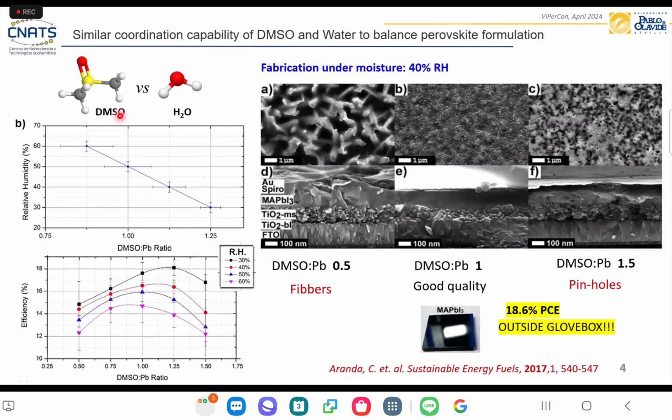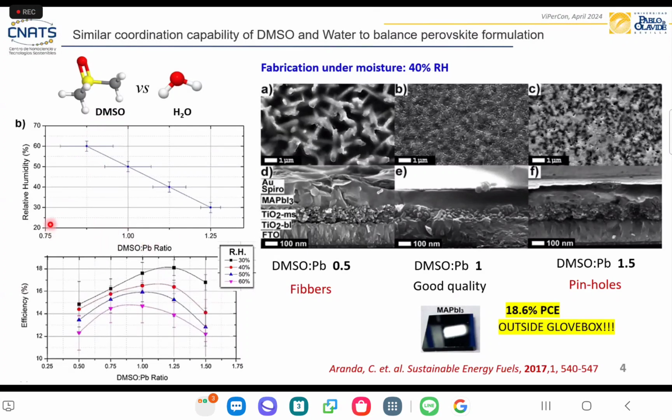It means that if the DMSO and water are competing with each other to coordinate the lead atom, then when we have a very high humidity ambient outside the glove box, of course, we will need less amount of DMSO in the precursor solution.